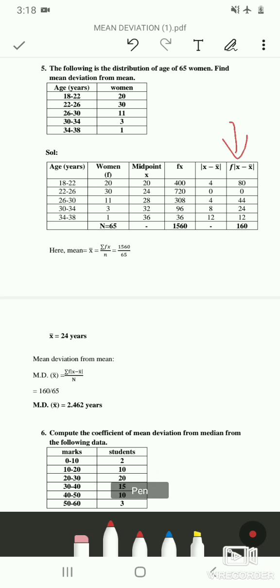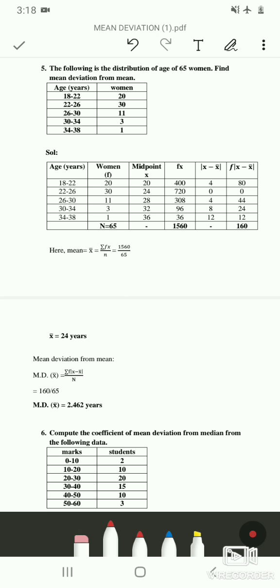You can directly write the last column instead of making an extra column for the absolute value of x minus x bar, or else you can use both columns. After you obtain x minus x bar, multiply it with the corresponding frequency, that is 20 into 4 is 80. So you get the last column values.